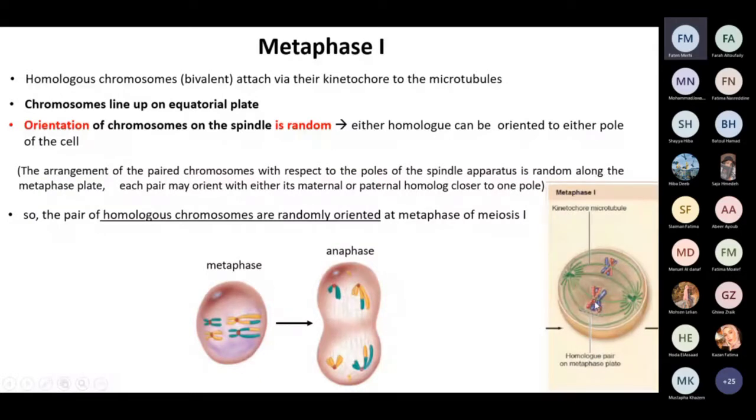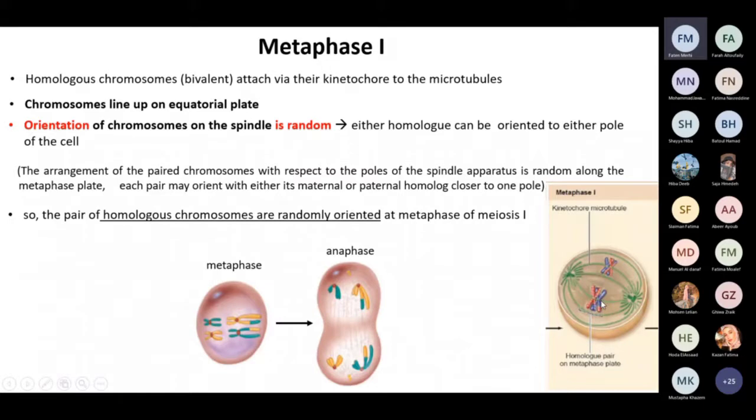It can either be the maternal chromosome facing the upper pole of the cell, or the lower pole of the cell. Their orientation on the microtubule spindle is random, okay? So either homologue, either chromosome of the pair, can be oriented to either pole of the cell.